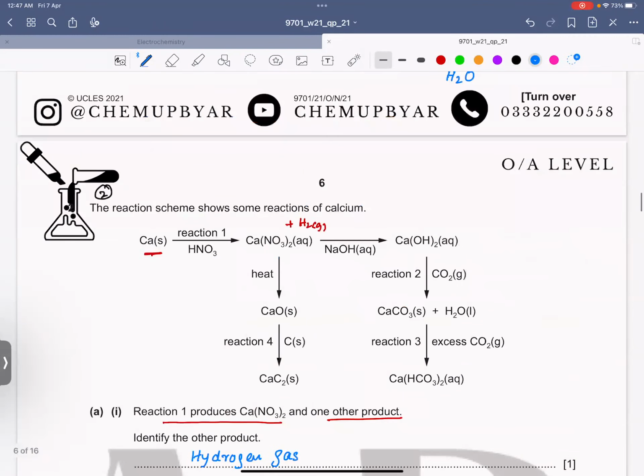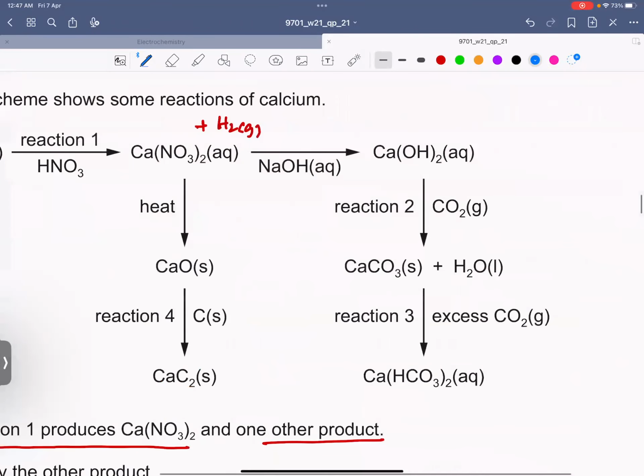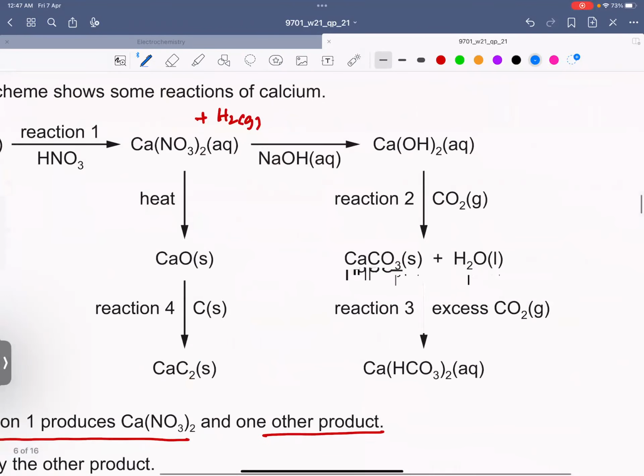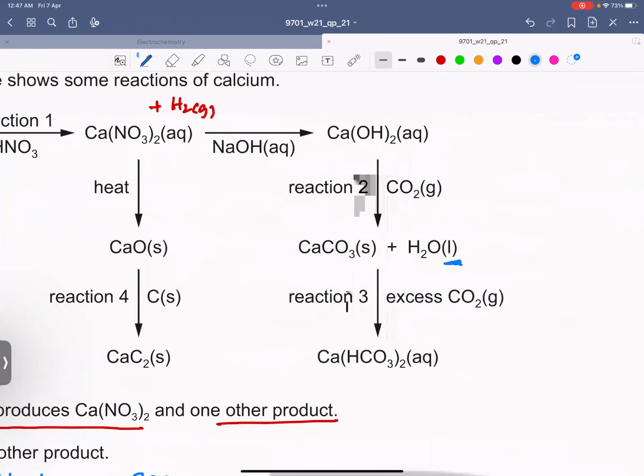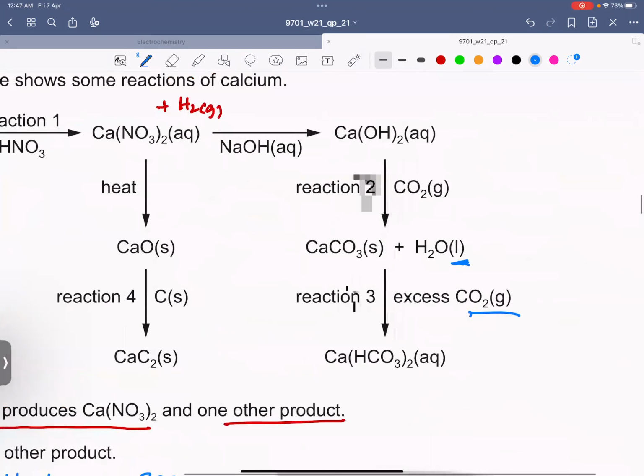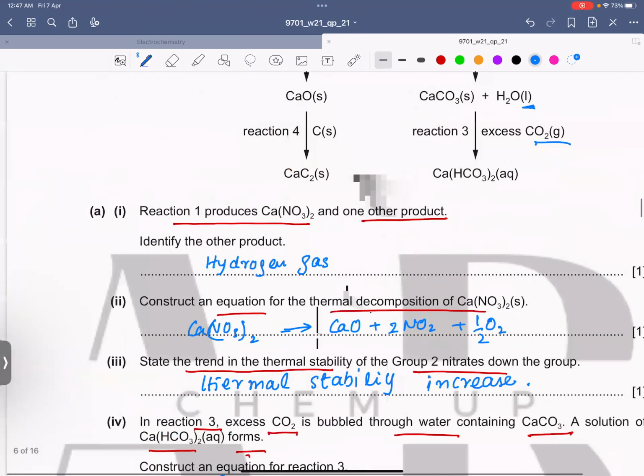So if you look at reaction 3, calcium carbonate is reacting with water and we need the carbon dioxide as well.